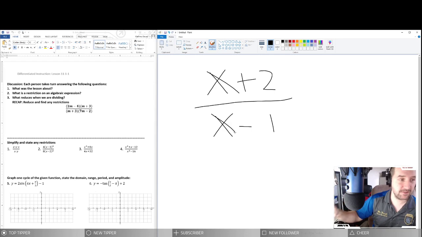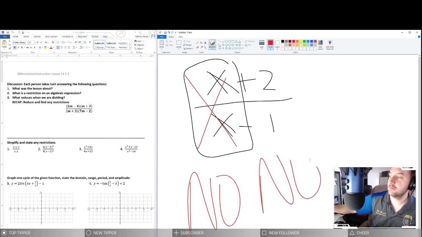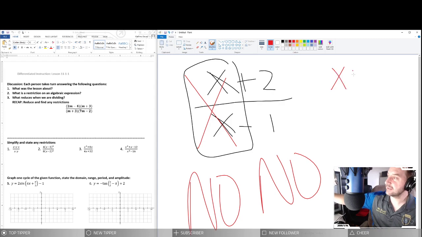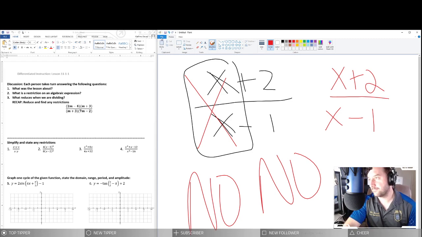You cannot do that. What I just did here is a big, fat no-no. They do not reduce because they are not factors. Factors means multiplication. This says x plus 2. That's not a factor. This is x minus 1. That's not a factor. They have to be factors for things to reduce.